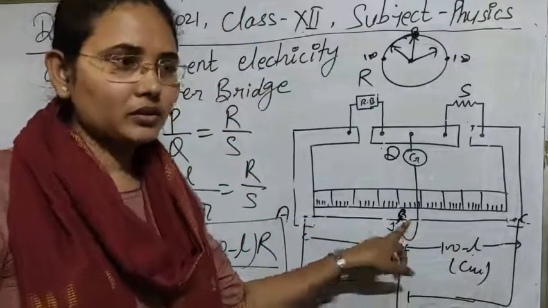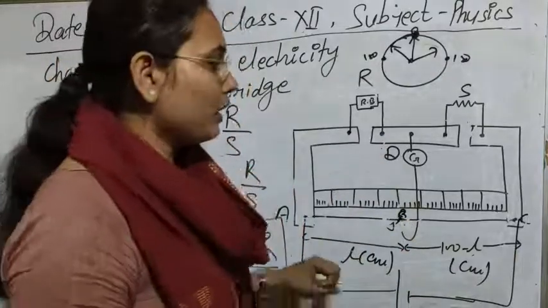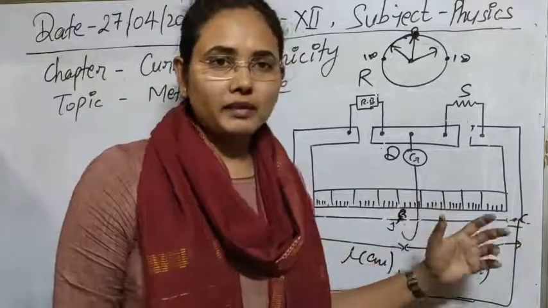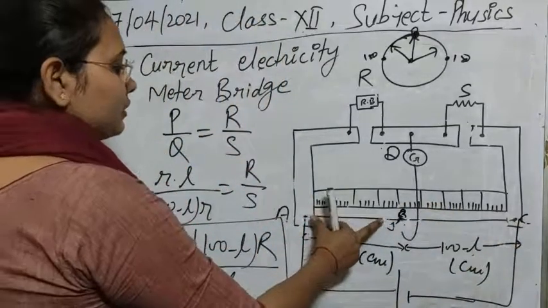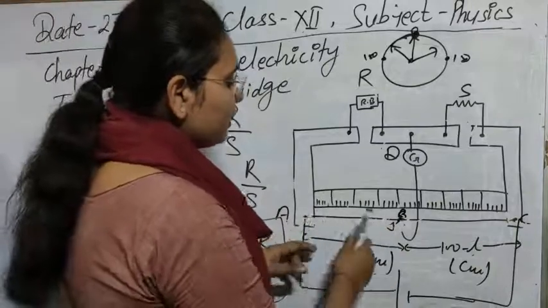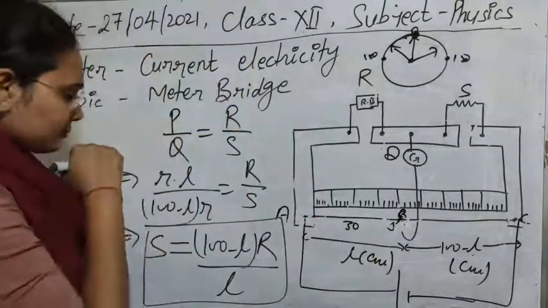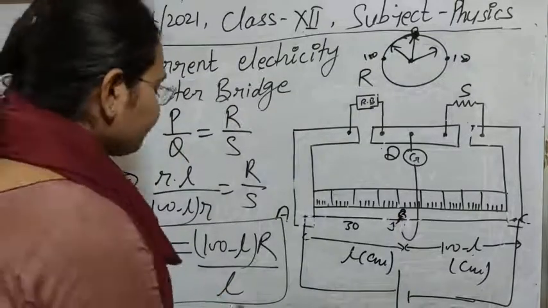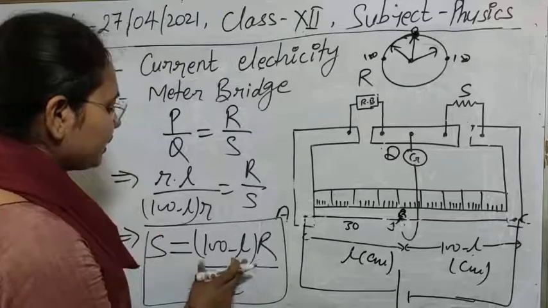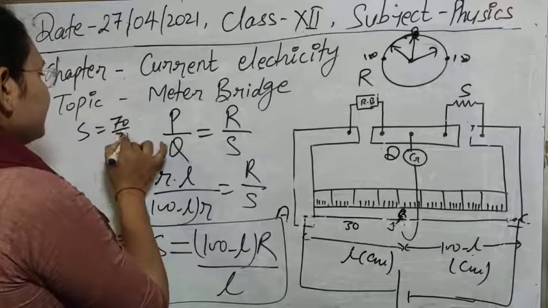So you cannot take L length from either side. Suppose you obtain the null point at 30 centimeter from this point A, means the value of L you have is 30 centimeter. So here you will have 30, here you will have 70. So this value will be equal to 70 by 30 into R.